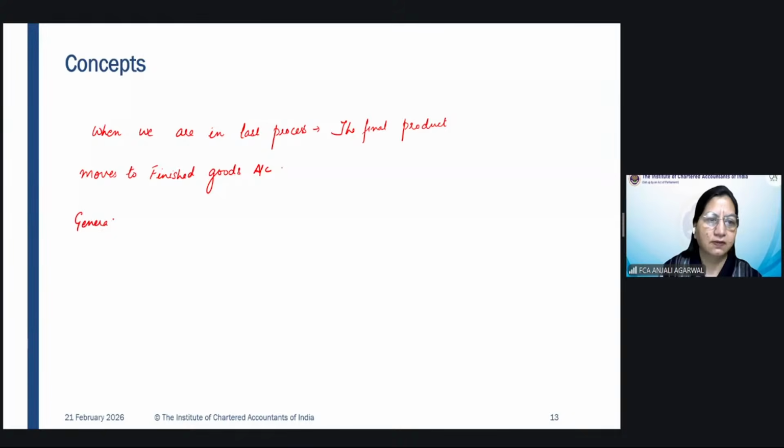Generally, we assume that the entire output of any process, or of various processes, is transferred to the next process.